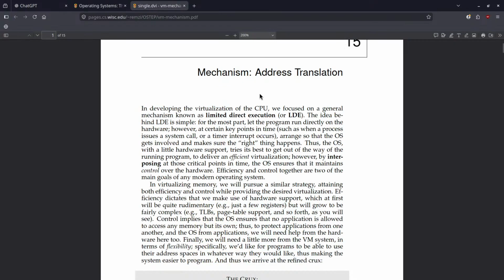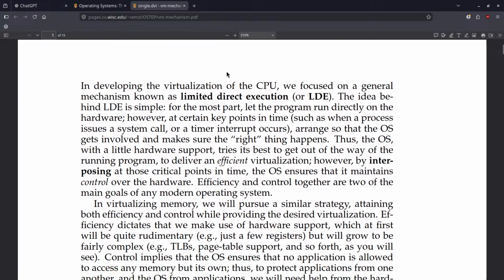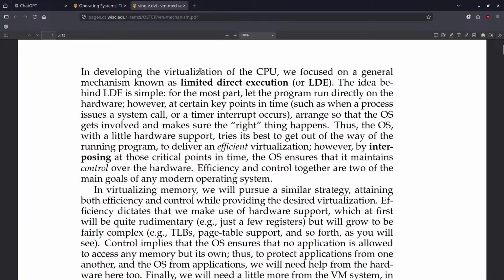So, okay, address translation. This part is about the mechanism of translating the virtual memory into the real memory. How does the hardware and the kernel help do that? In developing the virtualization of the CPU, we focused on a general mechanism known as limited direct execution, or LDE.